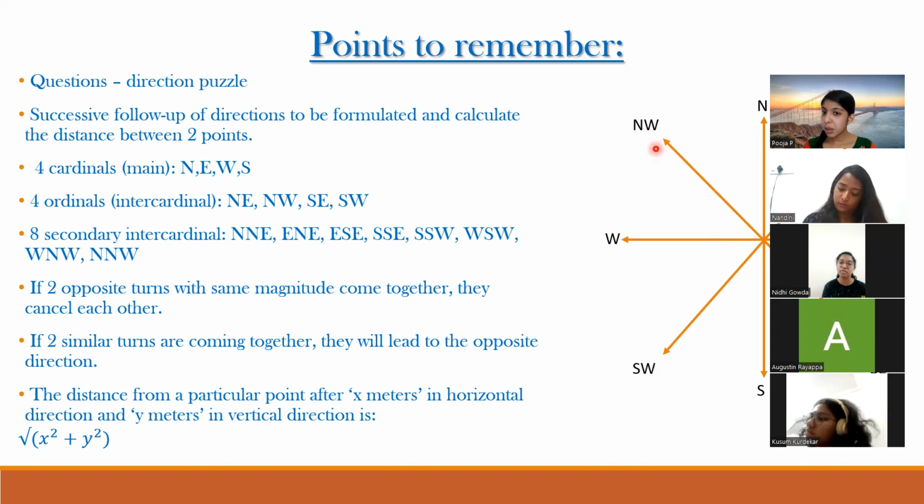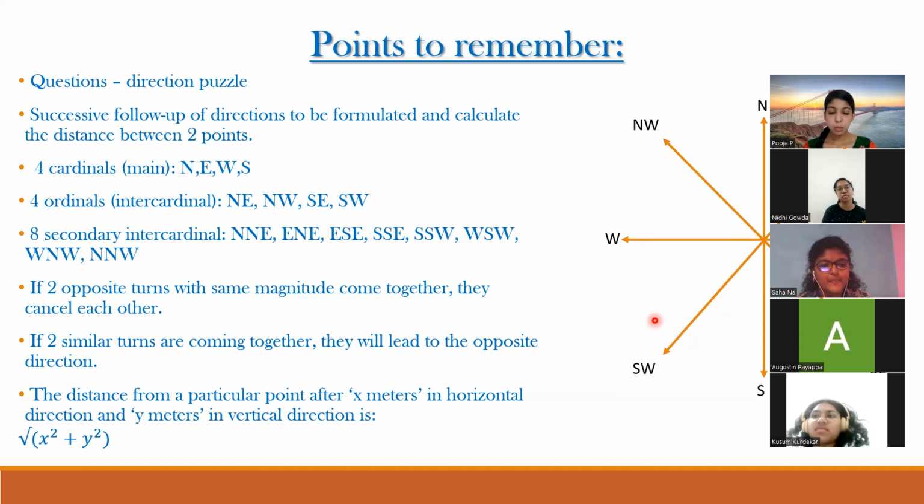So the angle between one intercardinal and the other intercardinal, for example, northwest and southwest, what is the angle between them? Again, it is 90 degrees. 45 here, 45 here. So you're getting 90 degrees. So I hope these basics are clear. No doubts? All right. Good. Then we will move forward.